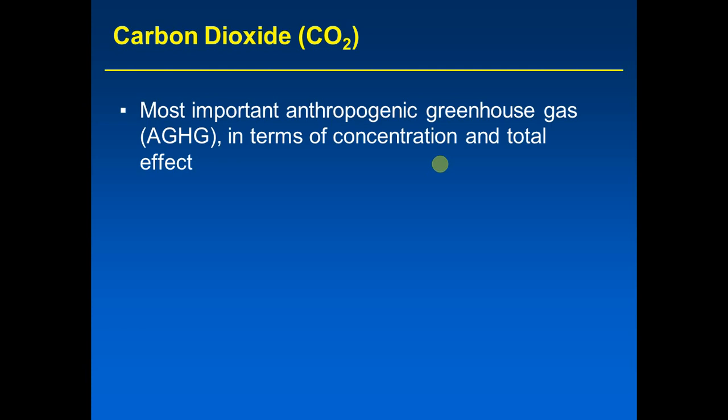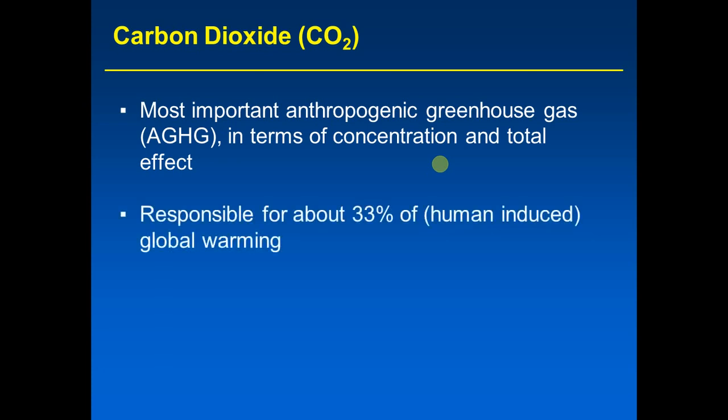Now, if we wanted to ask what percentage of global warming, that is, we know global warming is primarily human-induced, is due to CO2, it's about a third. Okay, so 33%, a third of the global warming is just due to one greenhouse gas alone, carbon dioxide.